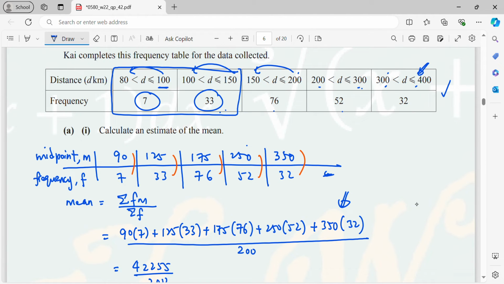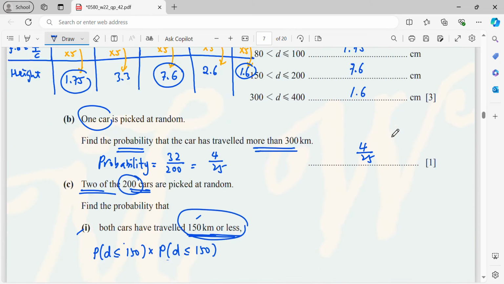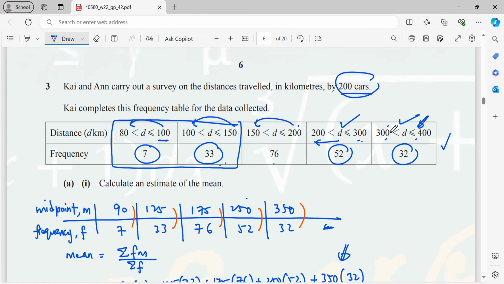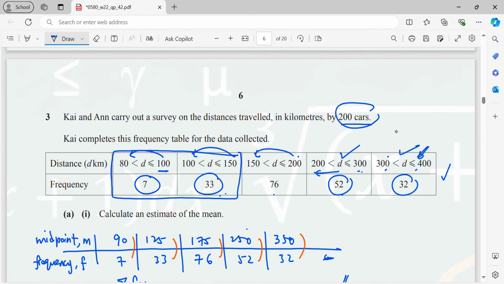Greater than 200 means these two groups. So it will be 52 plus 32. So I will be getting 84. 84 over 200 times P(D less than or equal to 100). Less than or equal to 100 means the first group. That is only 7.